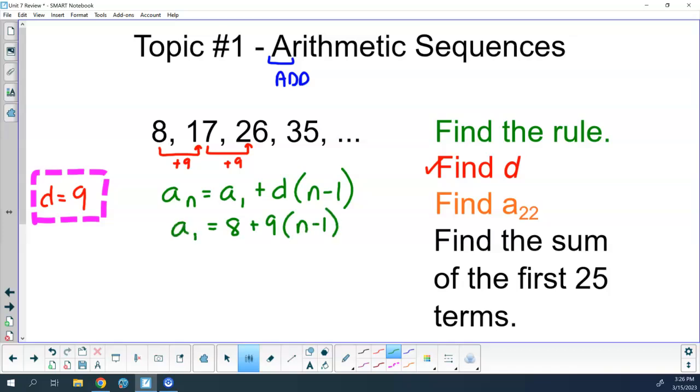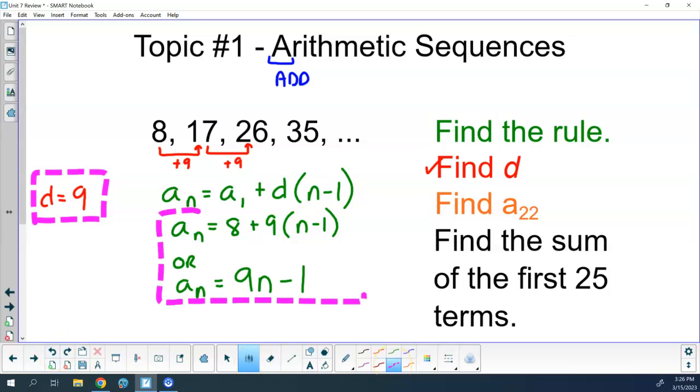So that could be a rule, but ideally, we would make it nice and pretty, and we'd say 9n minus 1, where we distribute this 9 into those two, combine those like terms, and get 9n minus 1. So that is my rule.